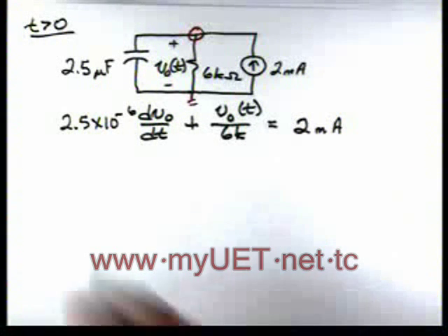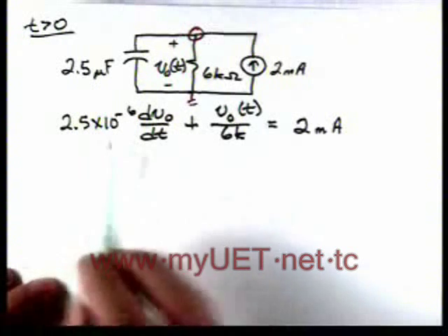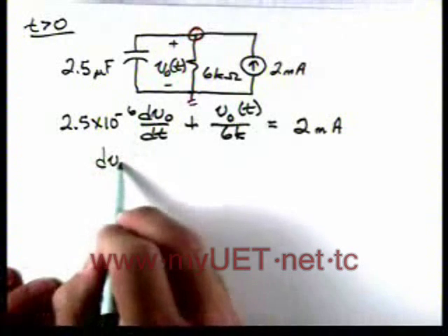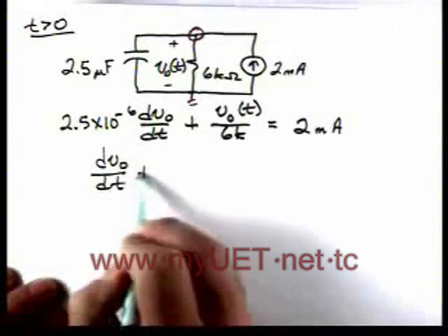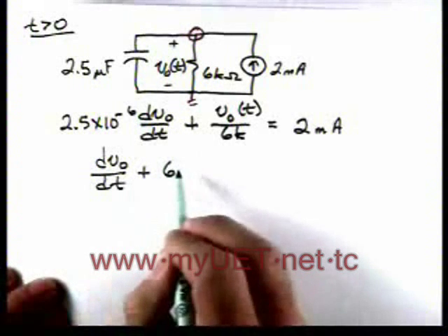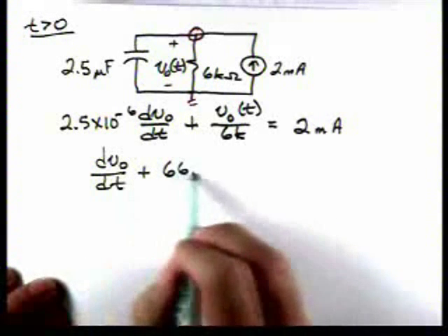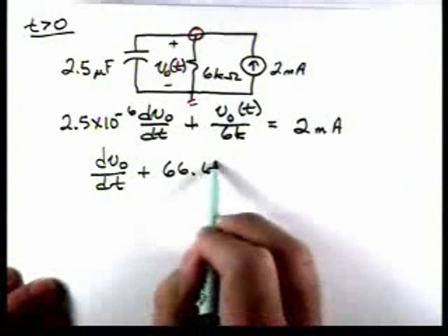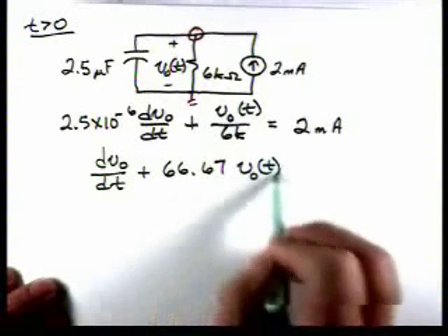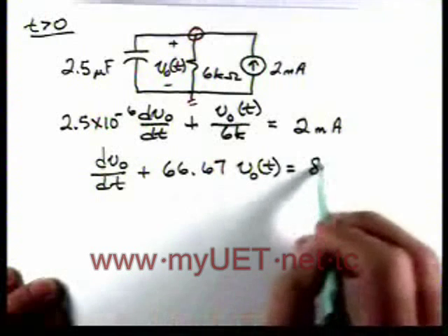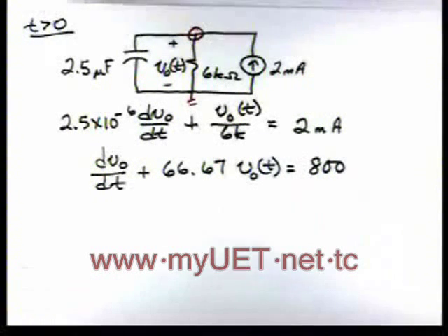Now, let's divide through by the 2.5 times 10 to the minus 6. So we have dV0 dt plus 66.67 V0 of t, and that's equal to 800. So we cleaned up the terms.